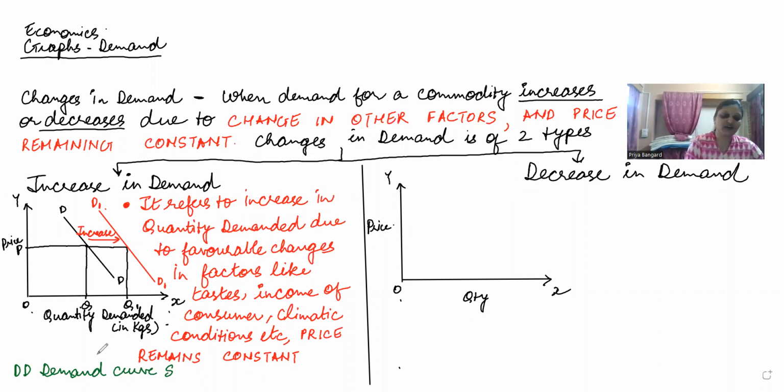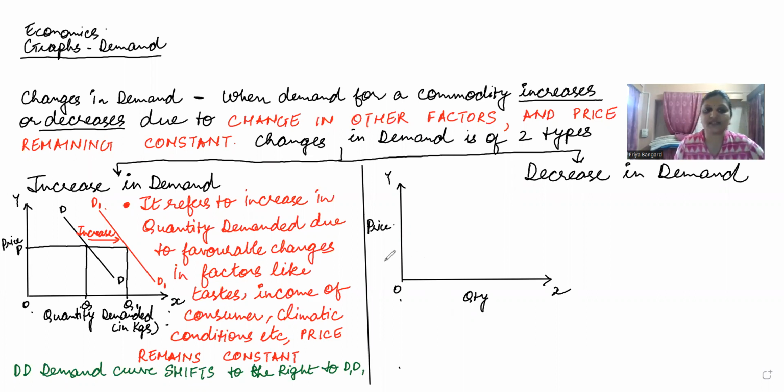So DD demand curve shifts to the right to D1D. This is the explanation your answer should carry, which indicates increase in demand.